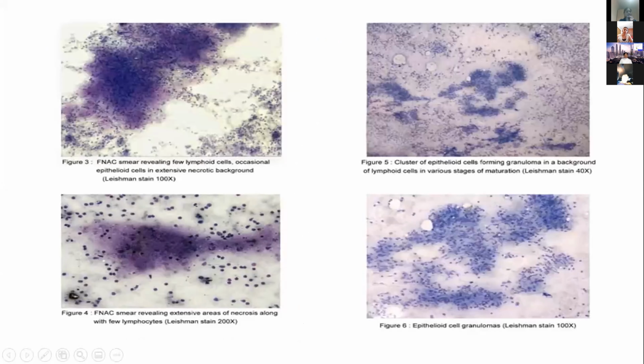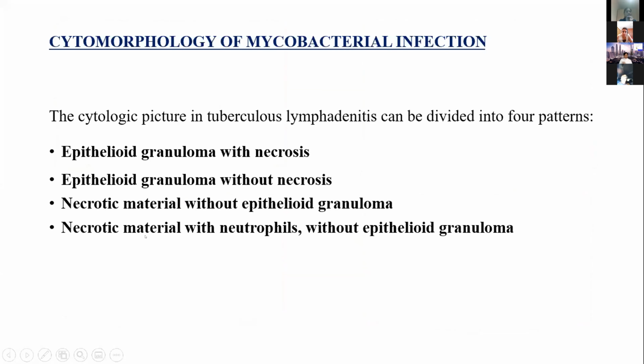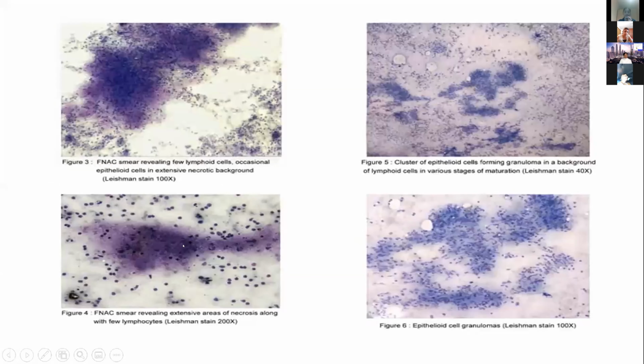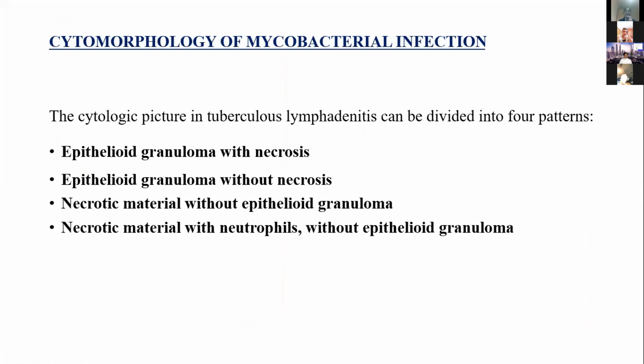There is a necrotic background, but we are not able to appreciate any epithelioid granuloma. And the fourth pattern is necrotic material with neutrophils without any epithelioid granuloma. This means there is necrosis and there are inflammatory cells, along with lymphocytes, there are neutrophils, but there is no epithelioid granuloma.